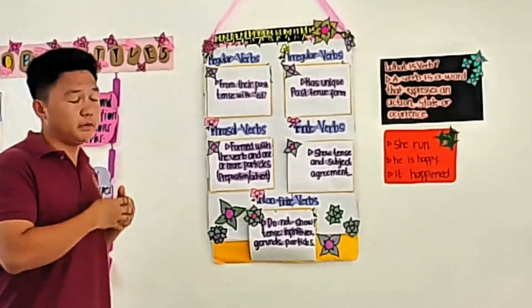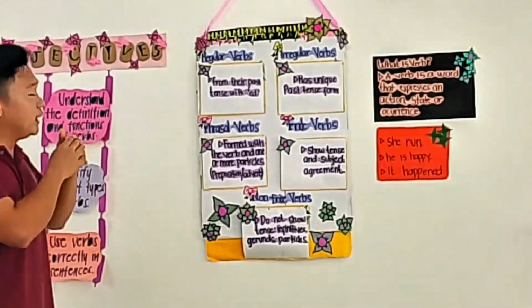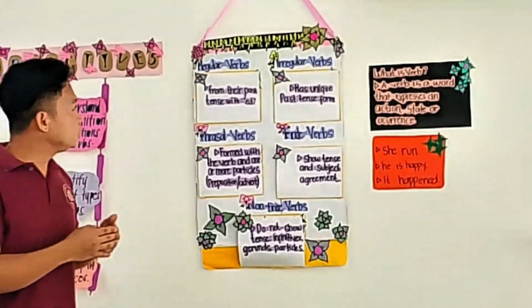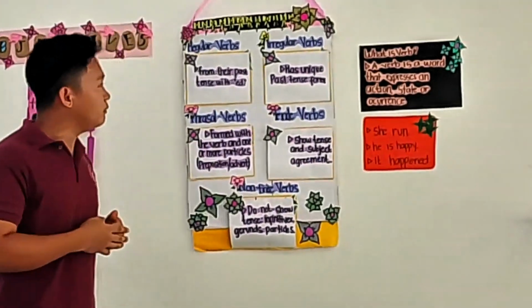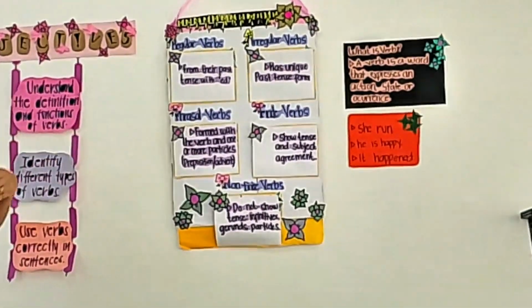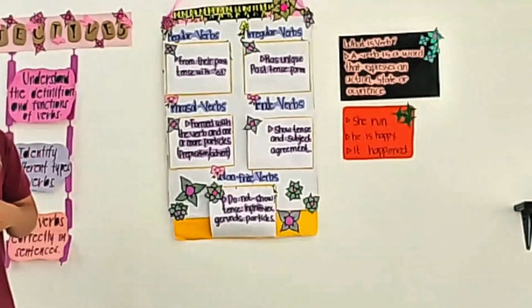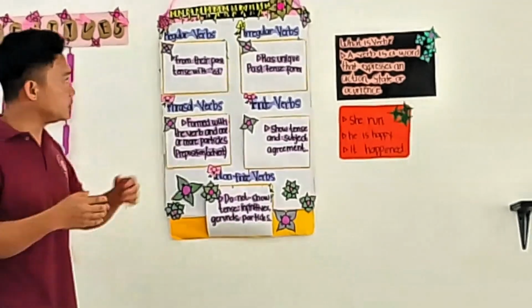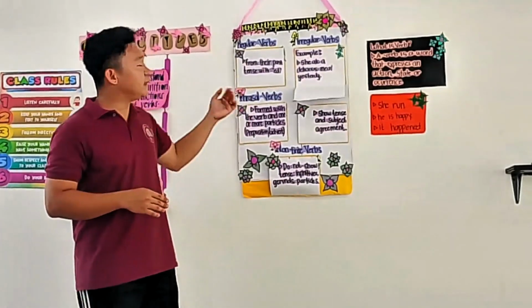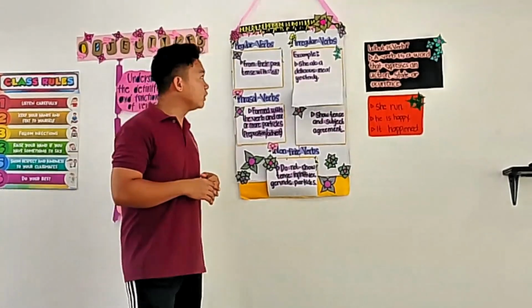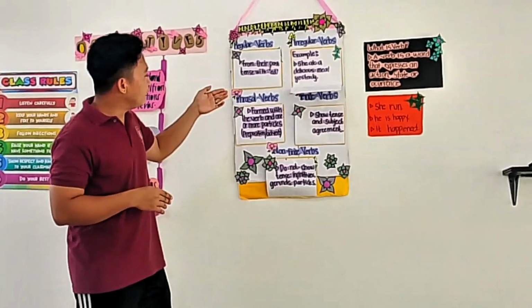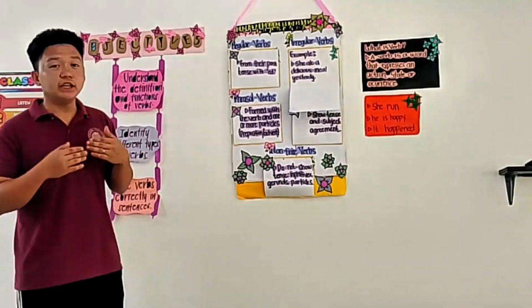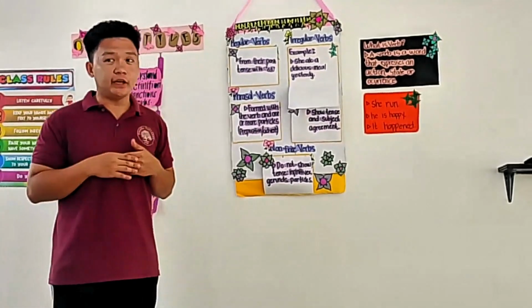So an irregular verb is the opposite of a regular verb. The definition of this is that it has unique past tense forms. And now here's the example of an irregular verb. The example is "She ate a delicious meal yesterday."